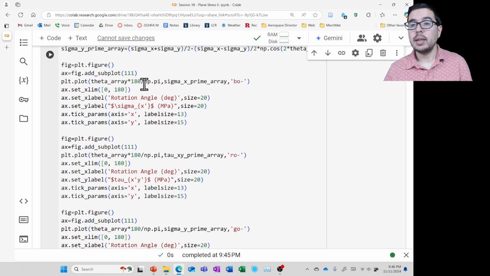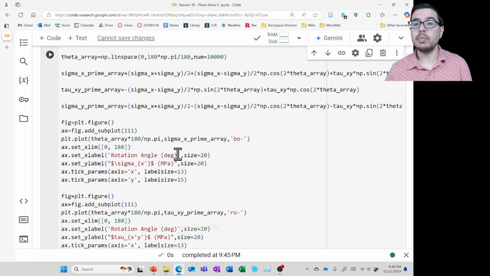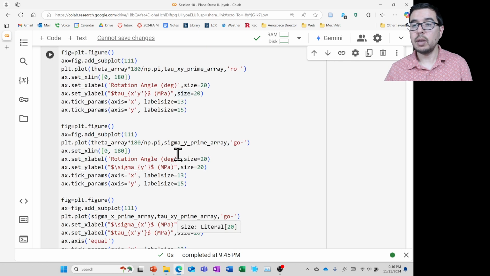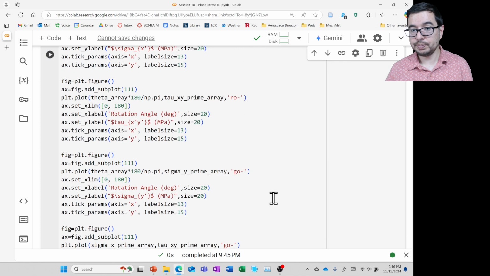We have the sigma x prime versus the angles, and we have sigma y prime versus the angles. We're using the generalized transformation equations that we've described previously.